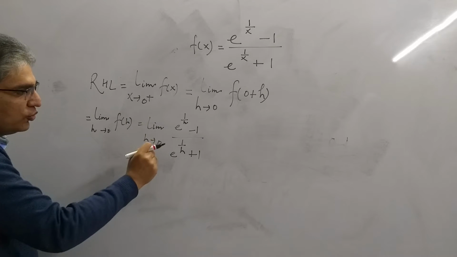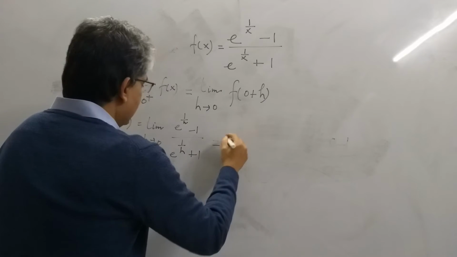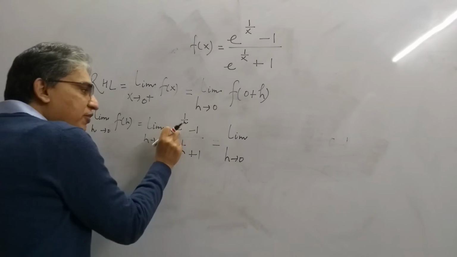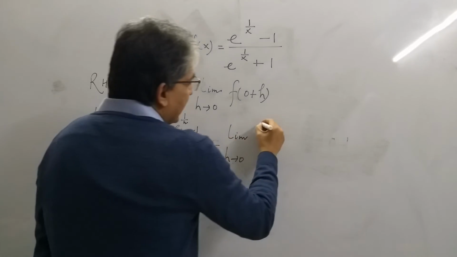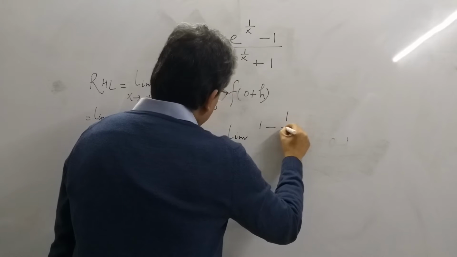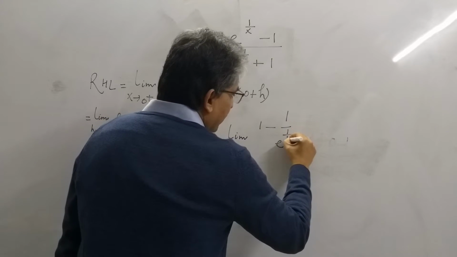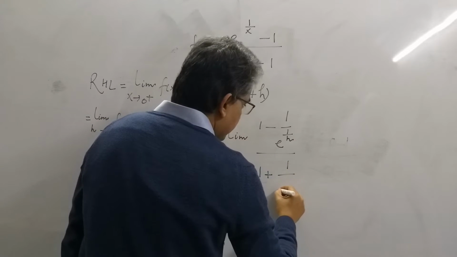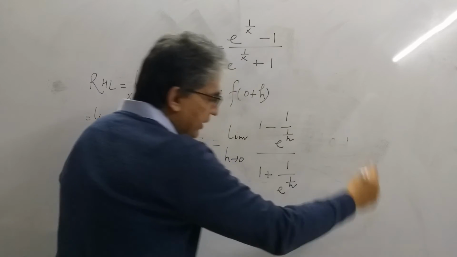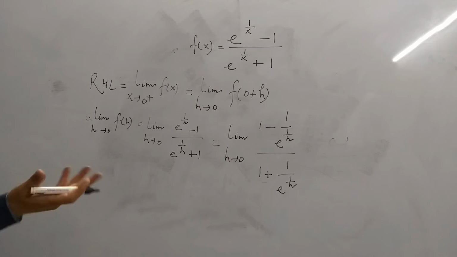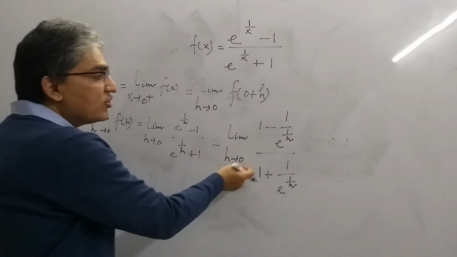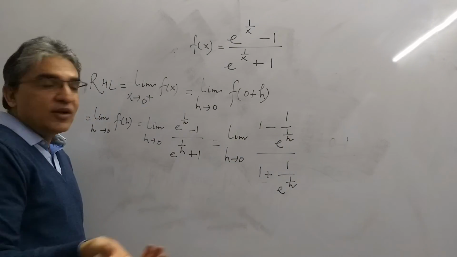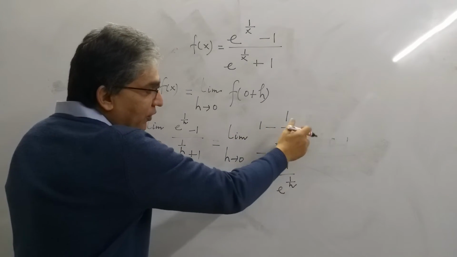So what you need to do, limit h tends to 0, divide this by the same thing. That is 1 minus 1 upon e to the power 1 upon h, and 1 plus 1 upon e to the power 1 upon h. Now you can apply the logic. Now h is 0, very small. 1 upon 0 is very big.